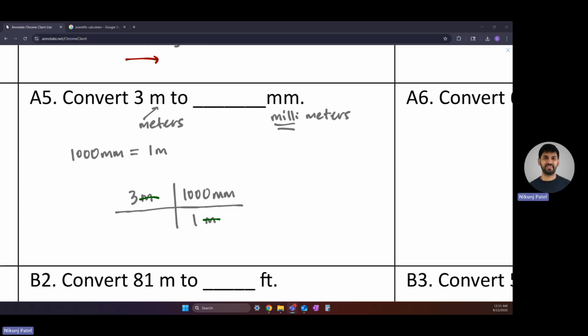We can mark out our canceled units there. This should end up with 3,000 over 1, or just 3,000 millimeters is what our new answer ends up with.